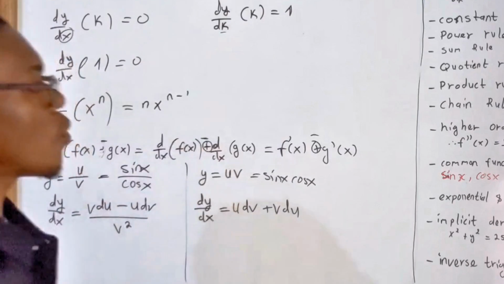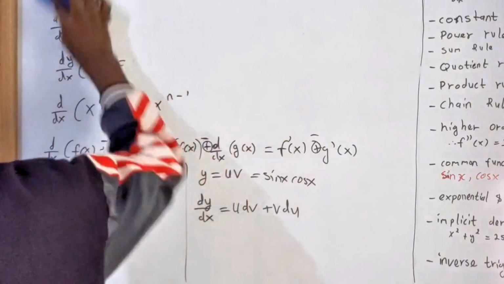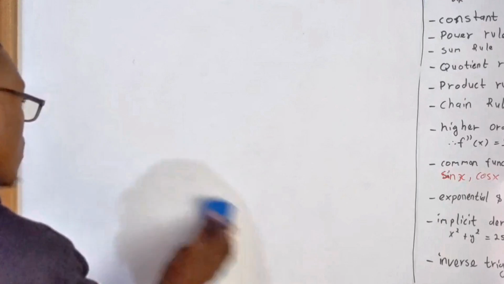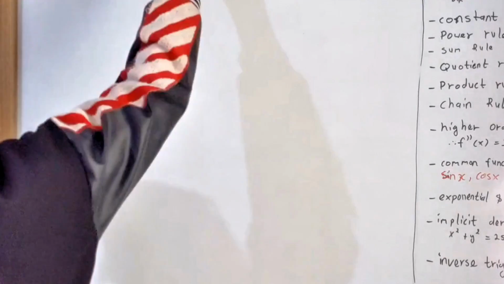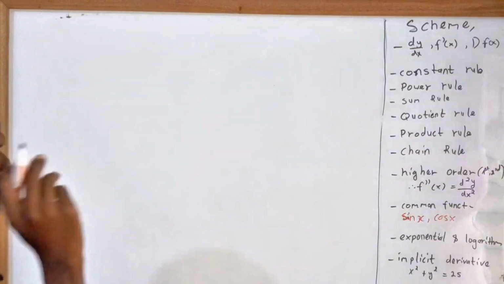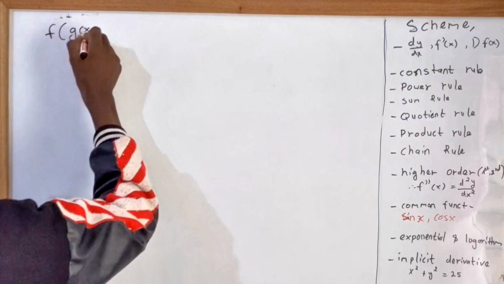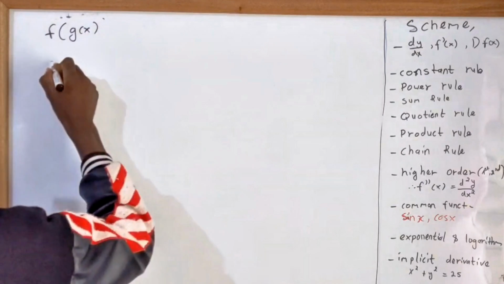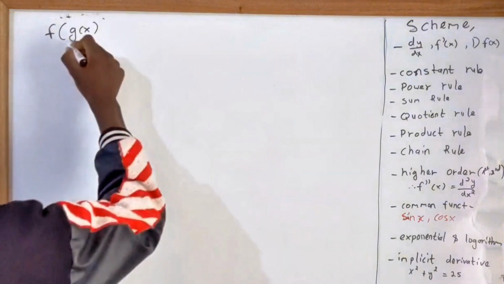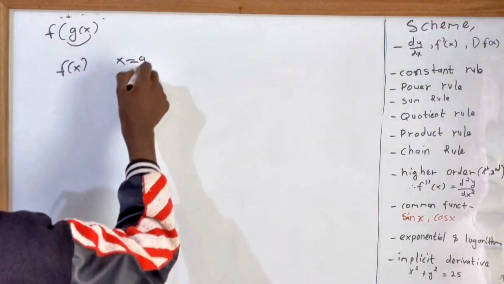Okay, moving then to the chain rule. What's the chain rule? A chain rule occurs when you have, for example, f of g of x. How can you differentiate what's inside here? Because it's not f of x, because this is g of x.